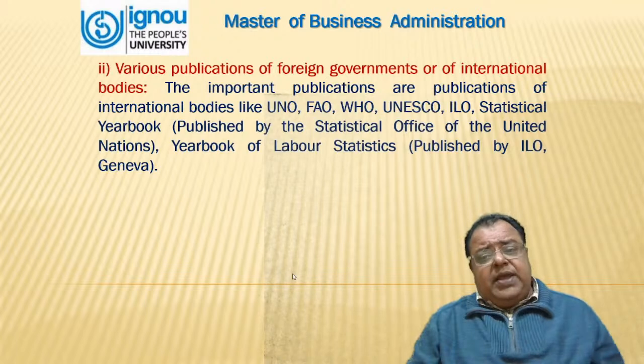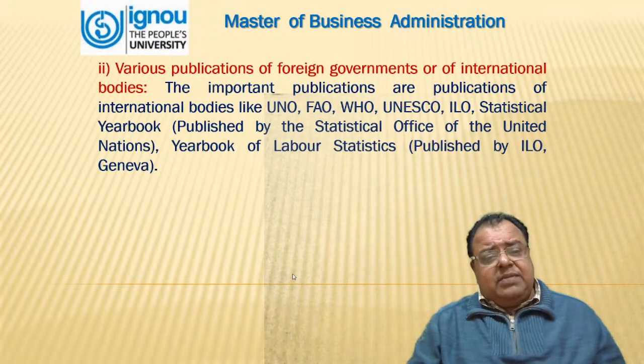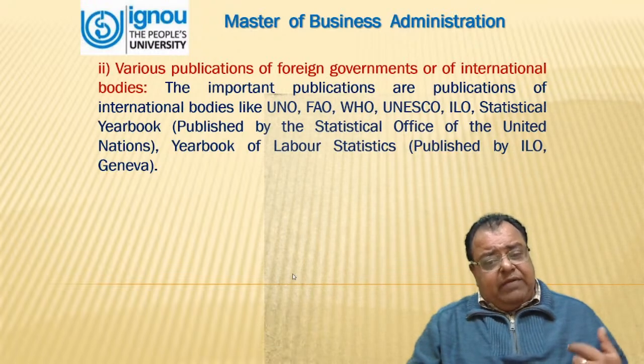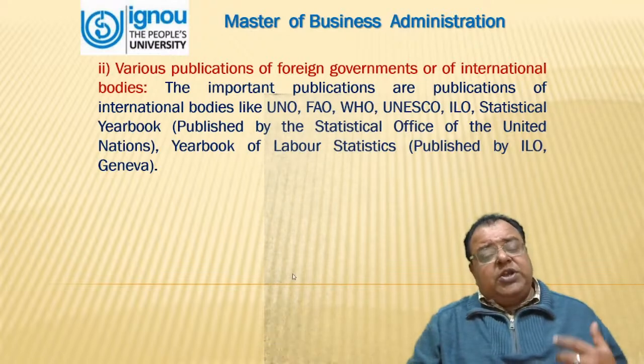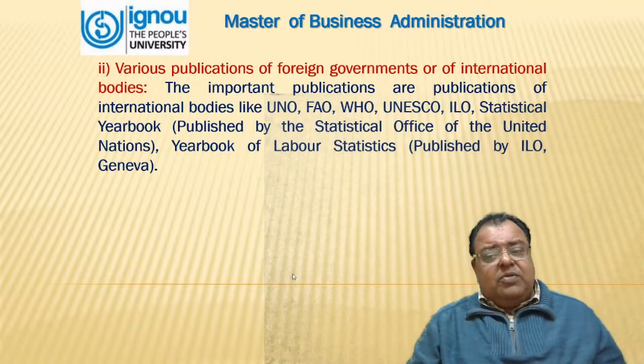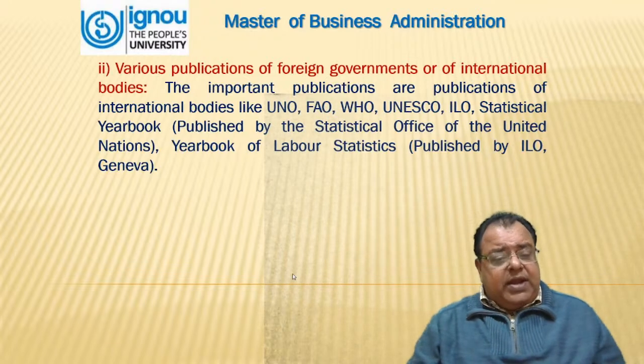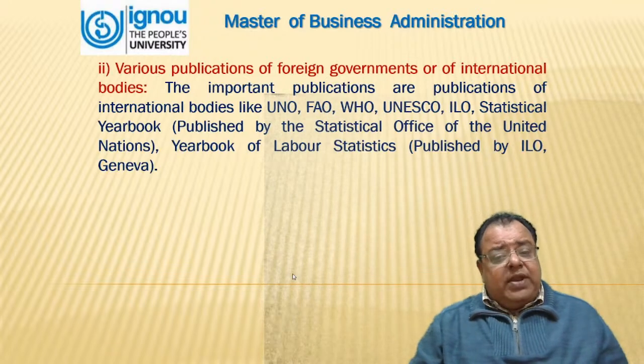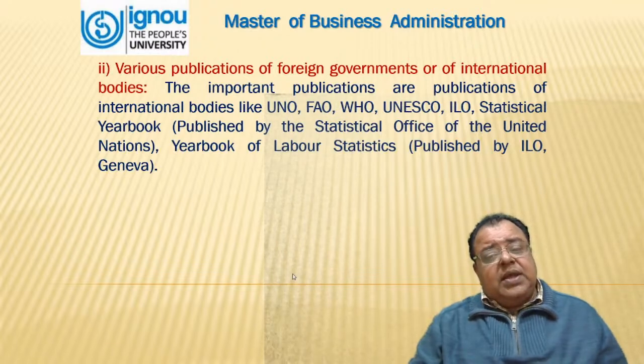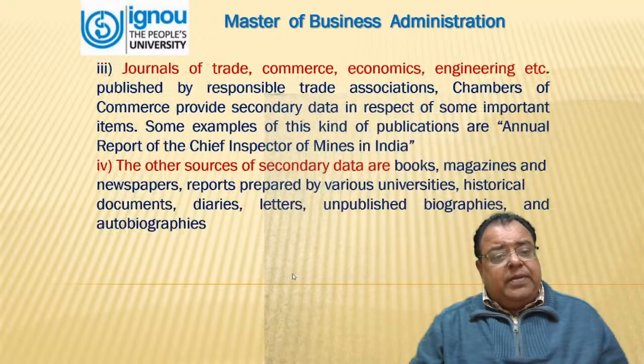The important publications are those of international bodies like UNO, FAO, WHO, UNESCO, ILO, Statistical Yearbook, which is published by the Statistical Office of the United Nations, and Yearbook of Labour Statistics, which is published by the International Labour Organization, Geneva.